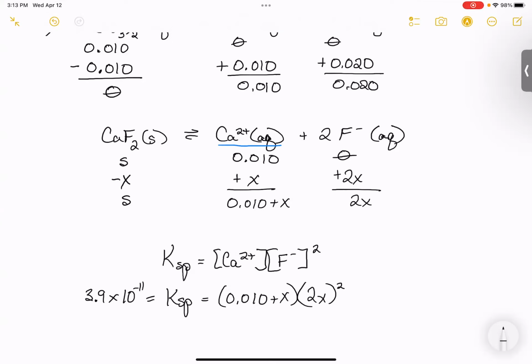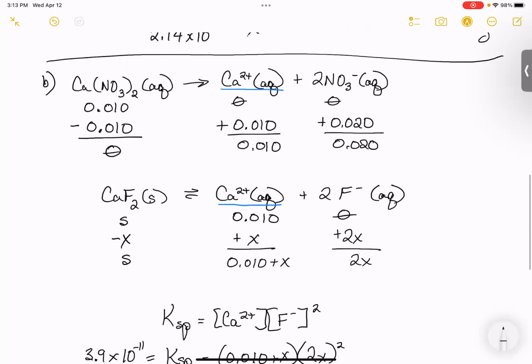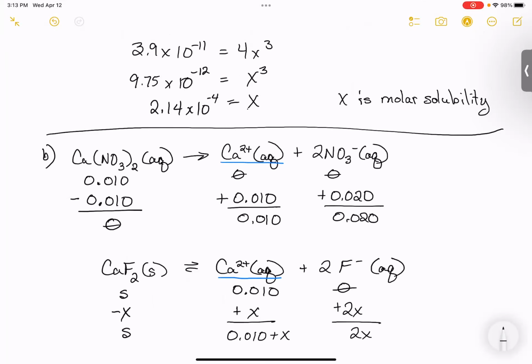If you have a very small equilibrium constant, the amount of dissociation is going to be extremely small. In water, which was pure, it was 2.14 times 10 to the minus 4. When you add a common ion, you can expect that number to go down.